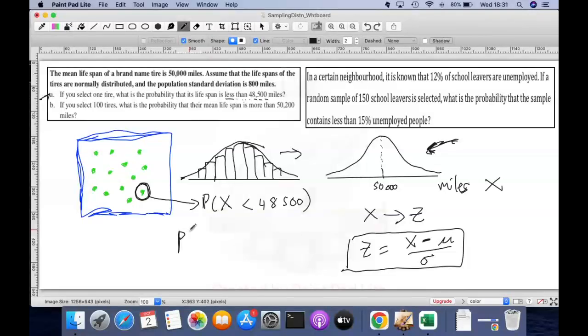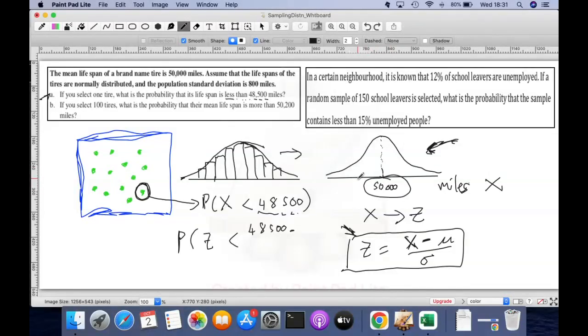If I want to work that out, I need to convert this X to a Z. This is just from the last collab. The probability of Z, instead of X, less than, and I'm going to follow this formula to convert this value to a Z value I can get from the table. So I substitute the 48,500 into this X value: 48,500 minus mu.